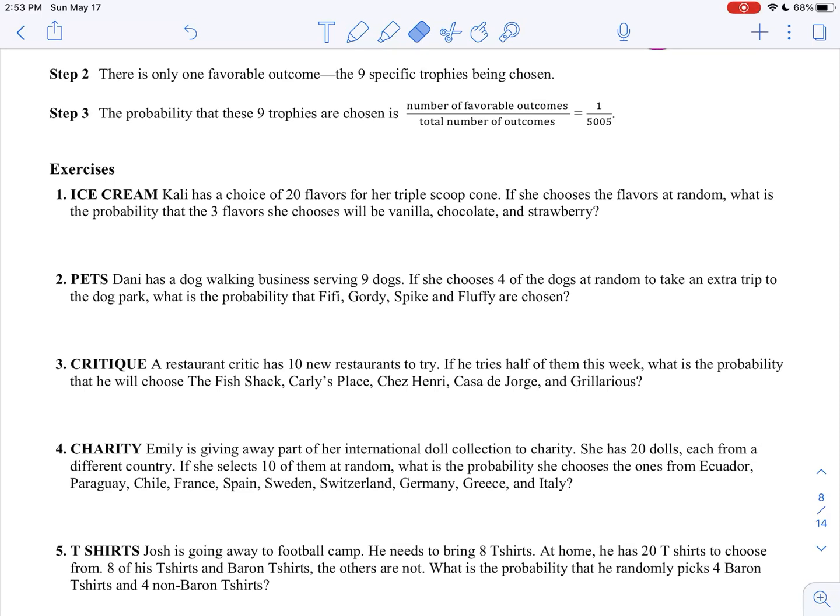So when we calculate a probability, it's the number of favorable outcomes, 1, out of, we have 20 to choose those 3 flavors. So when we're calculating it off on the side, just for this problem, I'm going to show you guys 20 choose 3 would be 20 factorial over 20 minus 3 factorial times 3 factorial on the bottom. So when you simplify that, you want to make sure you divide by 17 factorial times 3 factorial.